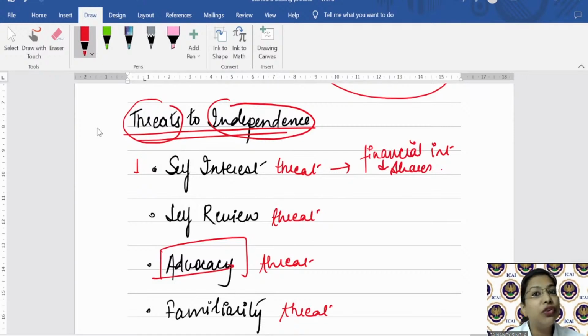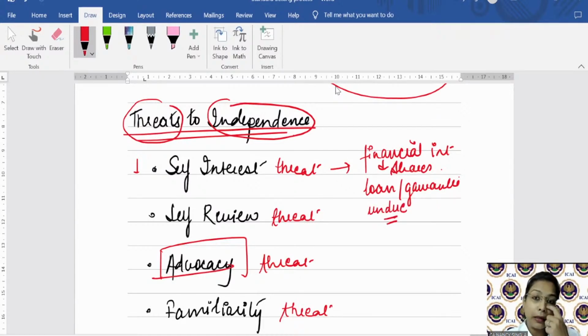No, there will be a threat to independence. In the same way, if the auditor has given or taken any loan or guarantee to or from the client organization, again, self-interest threat. That is, the self-interest of the auditor is now involved with the client organization. So how can we consider him as independent?